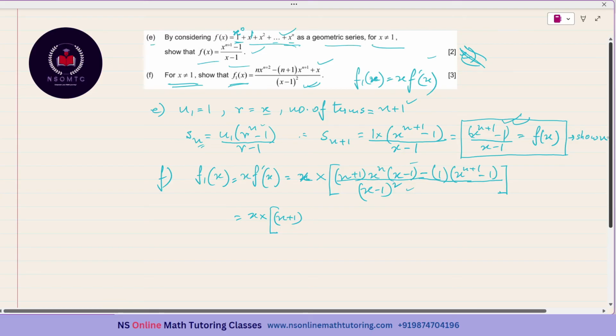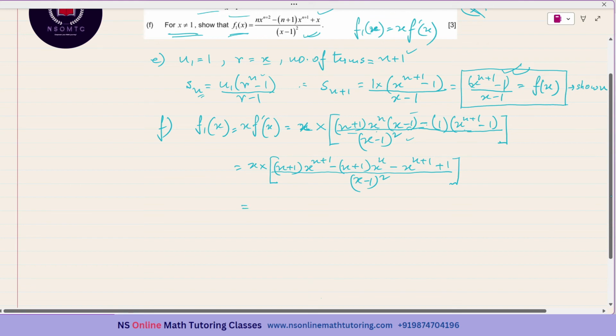So n plus 1 times x to the power of n plus 1, x to the power of n times x is x to the power of n plus 1. And there is this minus 1. So x to the power of n times minus 1 is minus x to the power of n times n plus 1. So it is minus n plus 1 x to the power of n. And this one is minus x to the power of n plus 1. And minus of minus is plus, so it is plus 1. Over x minus 1 whole square.